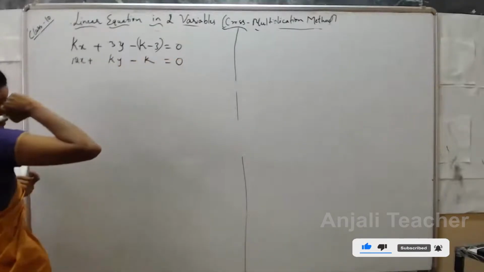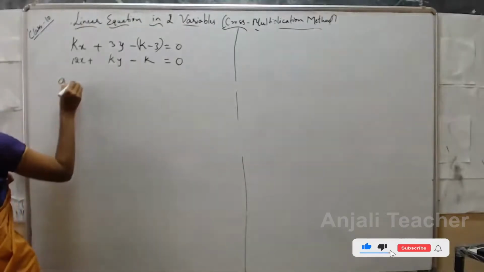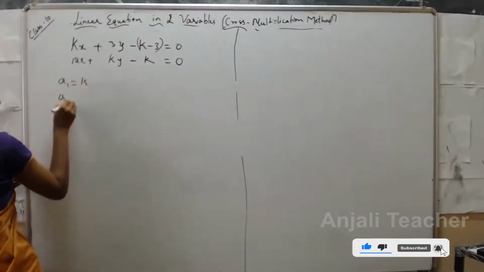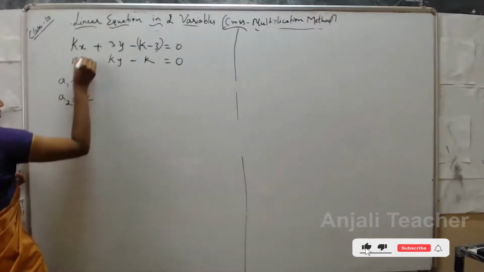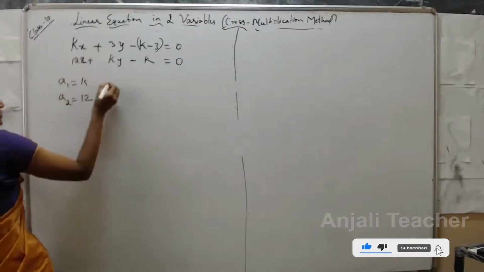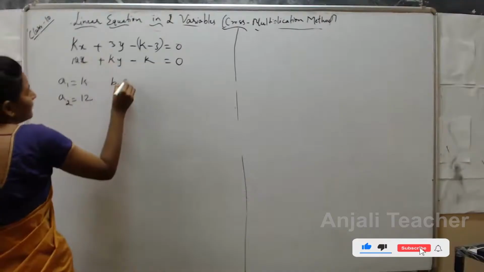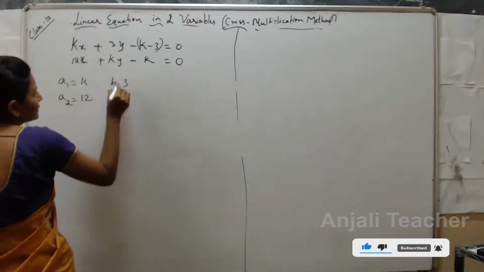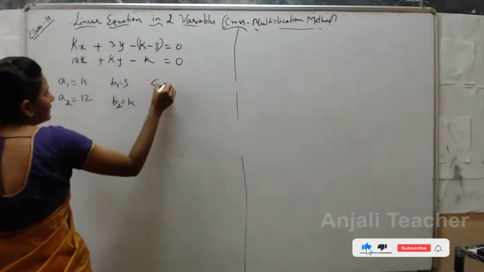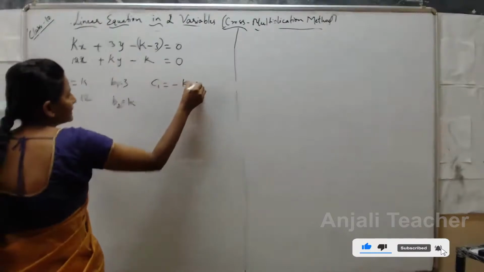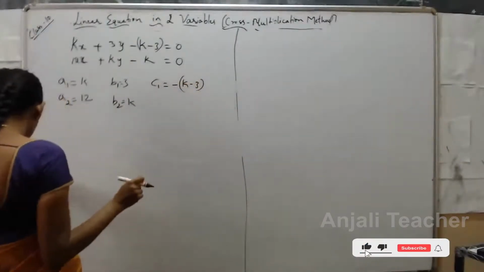A1 is equal to k, A2 is equal to 12. Coefficients of x are A1, A2. B1 is equal to 3 and B2 is equal to k. C1 is equal to minus k minus 3.